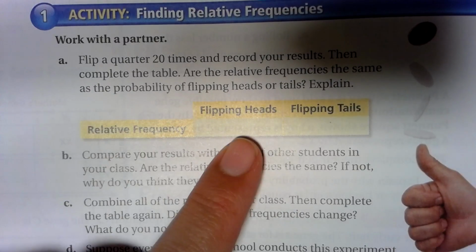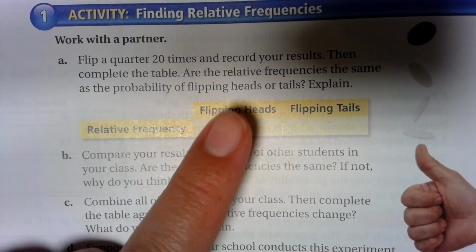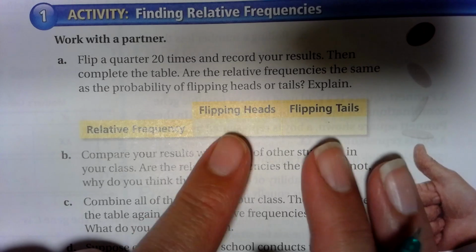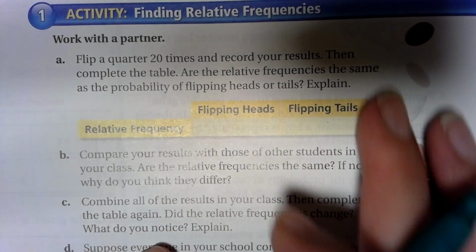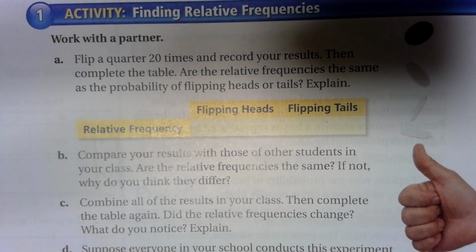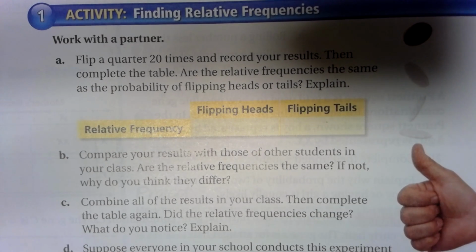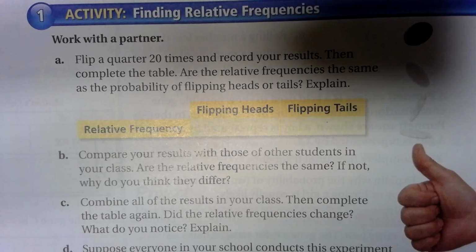If I flip a coin out of 20 times, you could actually pause and do this. Take a coin, any coin, and flip it 20 times and see what you get in terms of your experimental probability, what we just talked about.